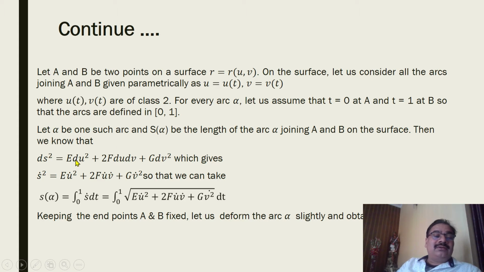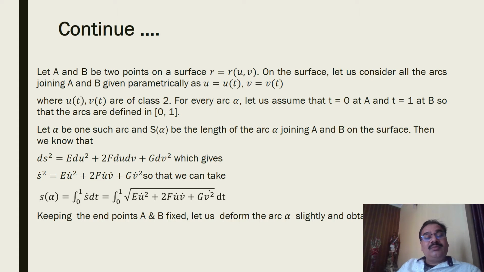Then we know, as we have already seen, the relevant metric ds square is equal to E du square plus twice F du dv plus G dv square, which gives s dot square is equal to E u dot square plus twice F u dot v dot plus G v dot square, so that we can take S alpha is equal to the integral from 0 to 1 of s dot dt, which is equal to the integral from 0 to 1 of the square root of E u dot square plus twice F u dot v dot plus G v dot square dt.